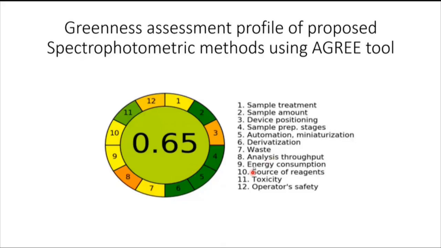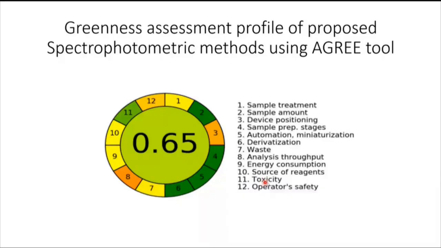And then the ninth one, energy consumption, it is also not completely green, because we are using the reflux for 6 hours, so it is a more energy consuming process. And then 10, source of reagents, whatever reagents we are taking are not completely green, because we have utilized hydrogen peroxide, which has some disadvantages also, so it is like a yellow color.